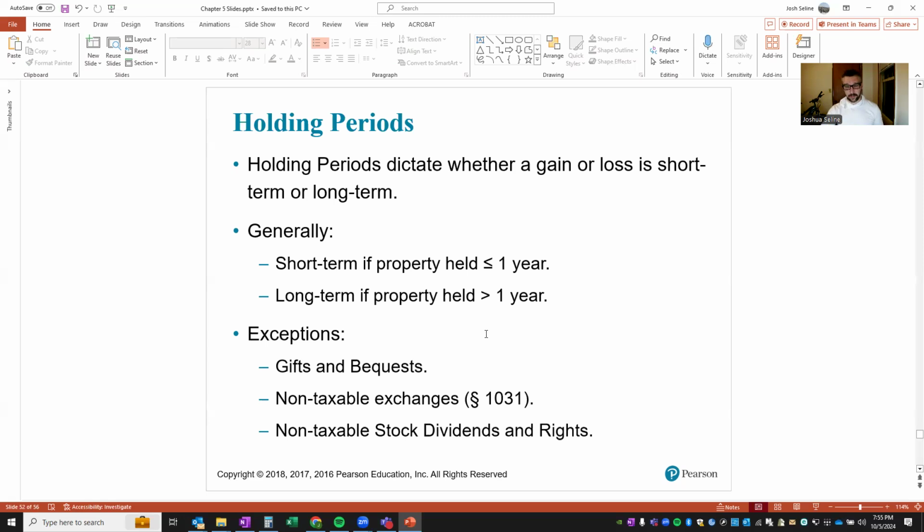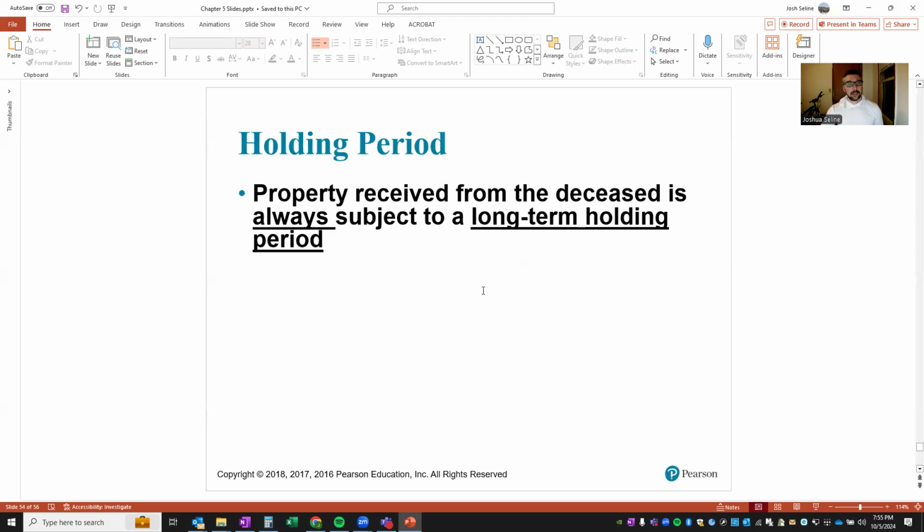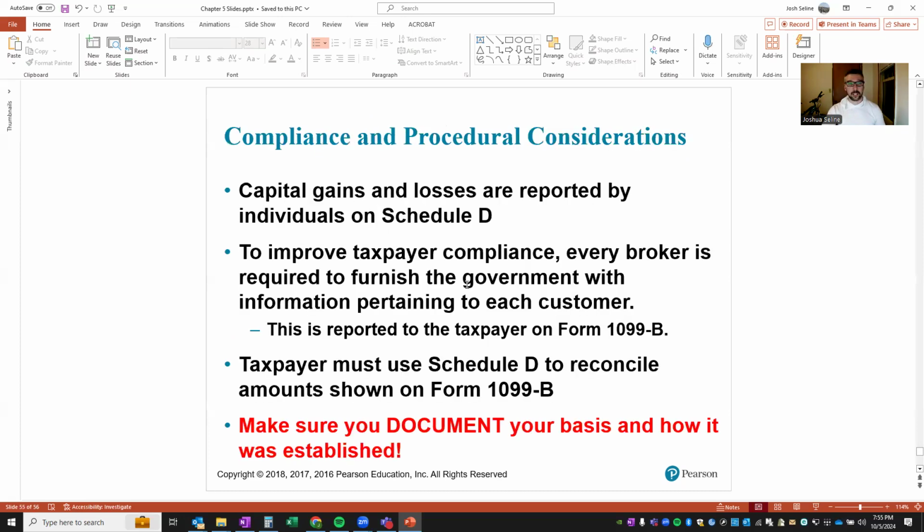It's just if you were to include boot, which is what they call it, let's say I trade my building for his building, and he gives me $20,000 in cash. The cash would be considered boot, and that would be taxable. But just the exchange of property is not. Property received from a deceased person is always going to be long-term, 100% of the time.